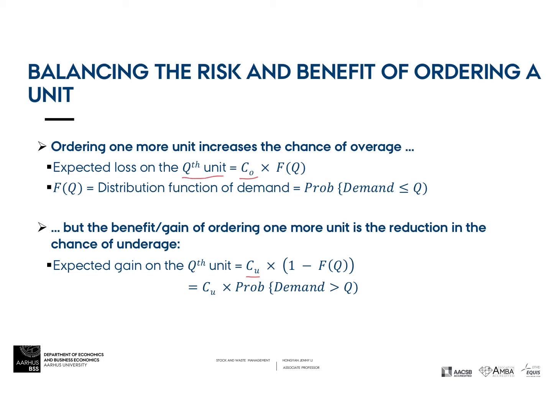The cost situation will be: if your real demand is less than Q, we do not consider equals, then you need to pay the overage cost, which means these Q units will be in the leftover inventory. And if the demand is greater than Q, you risk an underage cost, which means you have lost sales.